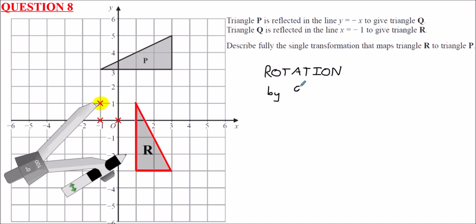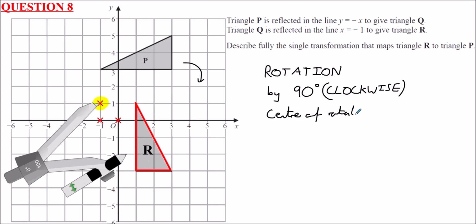So it's a 90-degree rotation, and we turned it clockwise. And finally, give the centre of rotation. The centre of rotation is here. It's -1, 1.